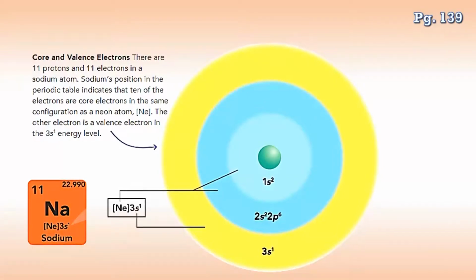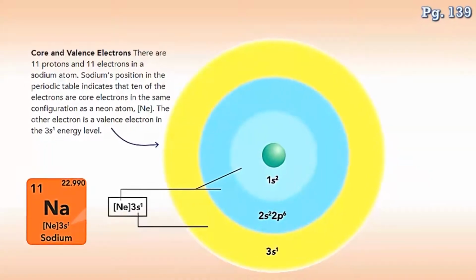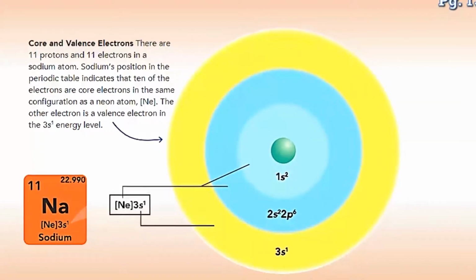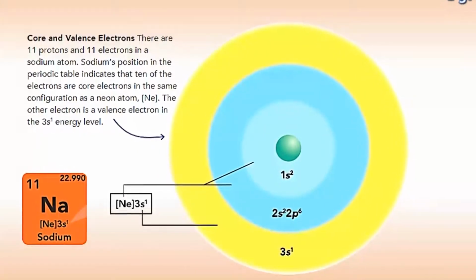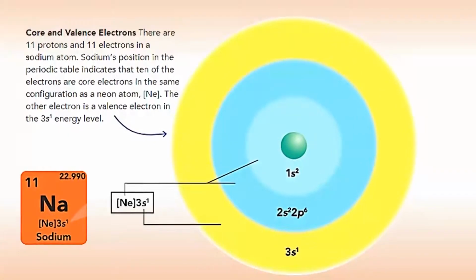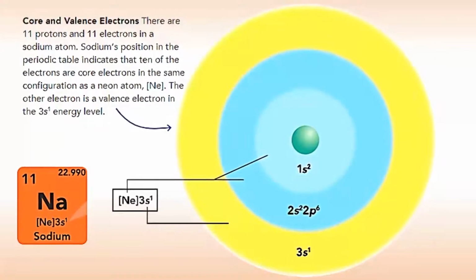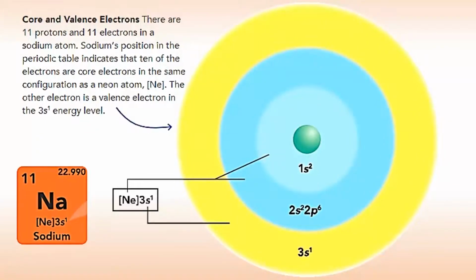Now, this makes it a valid distinction that we want to keep track of, a distinction between core and valence electrons. So again, if we're looking at sodium, we have a core, and the core is the first 2 energy levels shown in blue. The first energy level is small, there's only 1 orbital, it's completely filled, it's 1s2.